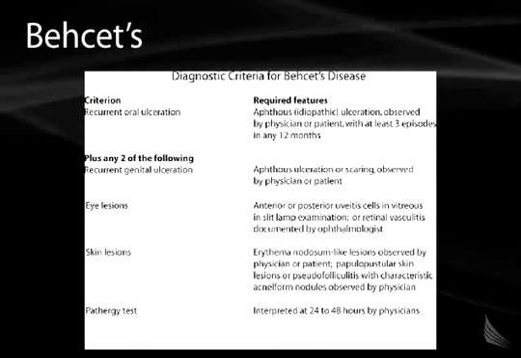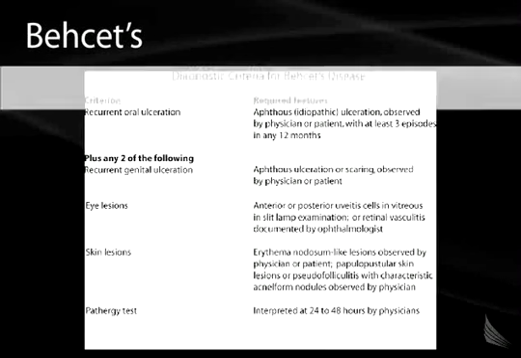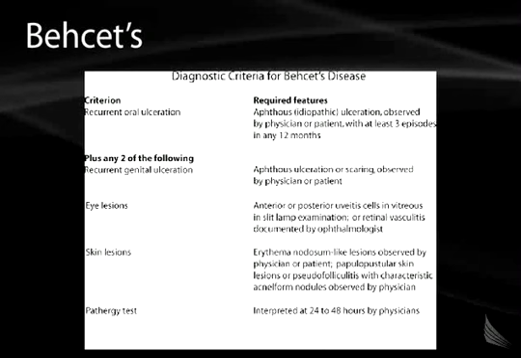The diagnostic criteria for Behçet's disease is recurrent oral aphthous ulceration. And aphthous ulceration is really nothing more than an idiopathic canker sore. There can be 3 episodes seen within 12 months. Once you see the recurrent oral ulceration, you need to be concerned if you see recurrent genital ulceration, any type of anterior or posterior uveitis seen on slit lamp exam, or retinal vasculitis seen by an ophthalmologist.